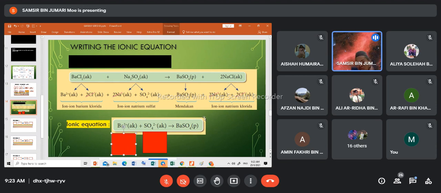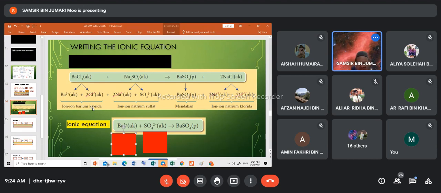Cuma dalam kat sini mesti kita tahulah. Kalau dalam banyak-banyak ni, kalau kita tak tahu yang mana satu sebenarnya garam larut dan tak larut, susah kita. For example, sodium chloride and barium sulfate. If you don't know which one is the insoluble salt, we cannot measure what ion should be cancelled out, or we get back the ion.